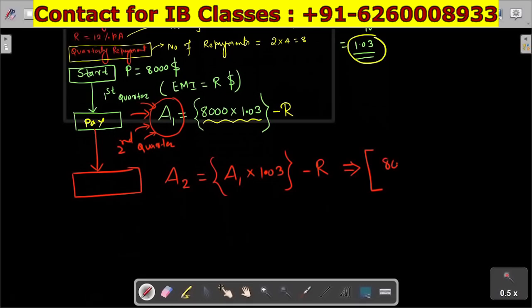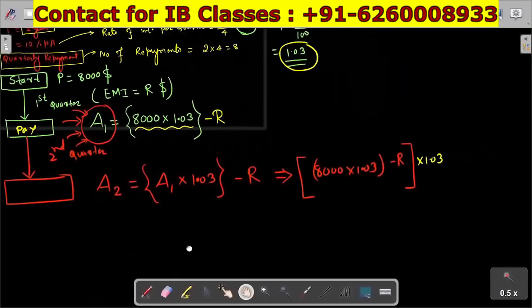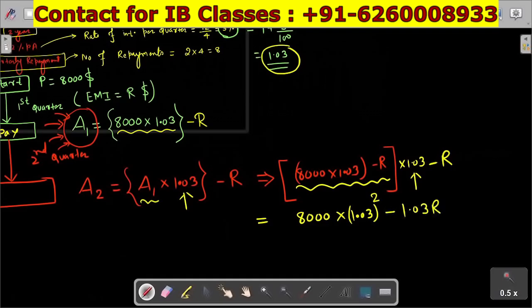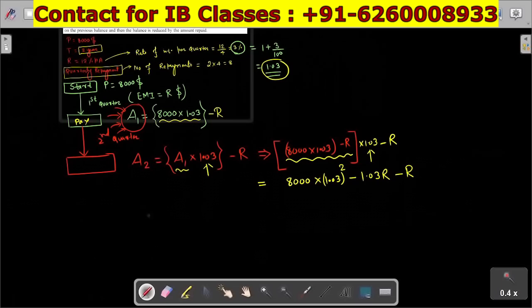Basically A1 is 8,000 into 1.03 minus R. This is A1 times 1.03 minus R. When we simplify this, we will get 8,000 into 1.03 raised to power 2 minus 1.03 R minus R. So this is now my total due after payment of the second quarterly installment, right?